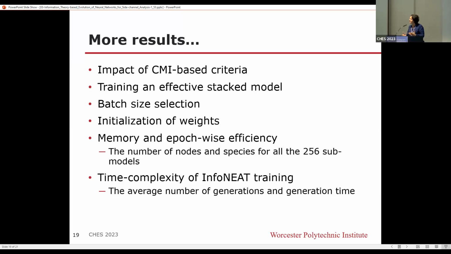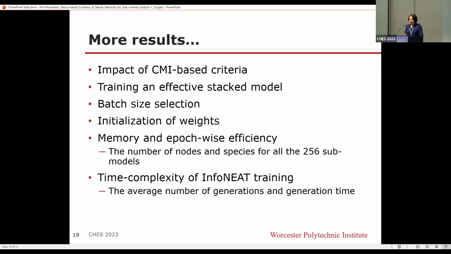What are the possible techniques? So you can have an overview of possible methods borrowed from the machine learning field of study. And on top of that, we have some results on why the CMI-based criteria is useful. Without that, what could happen? And then we also have some other results on why one versus all training is useful when you apply InfoNet.